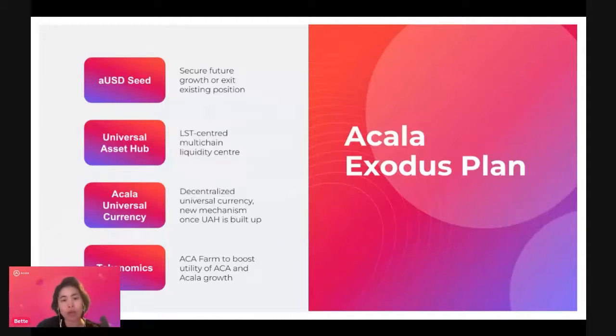Hopefully that goes into a positive cycle supporting ecosystem growth. At the same time, ACA holders also benefit from that growth. So those are a little more details on the Acala 2.0 plan.